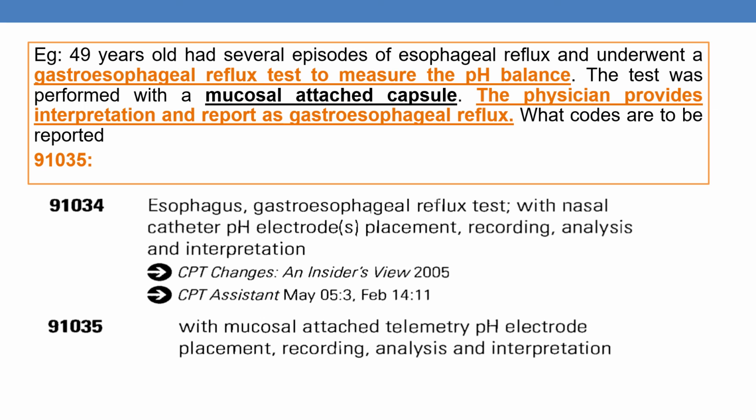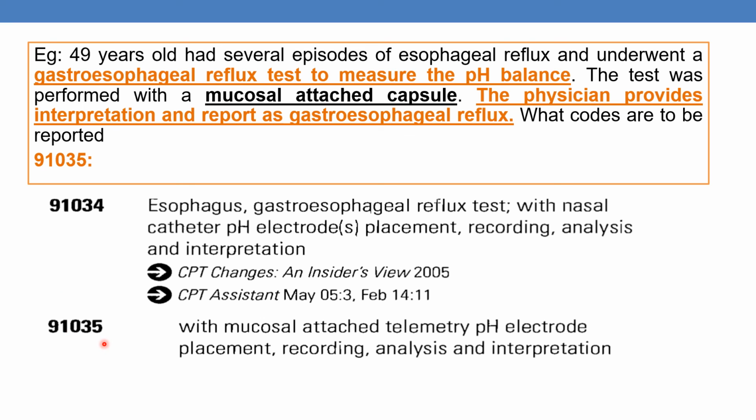What codes are to be coded here? If you see the description of the gastroesophageal reflux test, there are two CPTs, 91034 and 91035. With the mucosal attached telemetry pH electrode, this is nothing but a mucosal attached capsule. With mucosal attached telemetry pH electrode placement, recording, analysis and interpretation, the code is 91035.